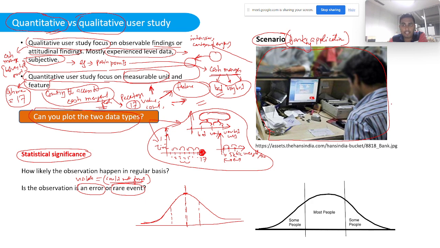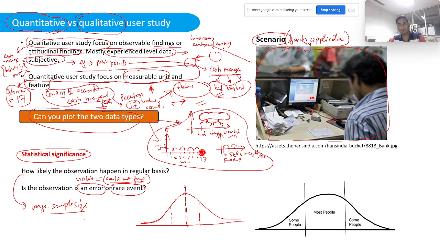So in order to understand that, we need to go for a larger sample size. That means we need to conduct that user study for more than one person.